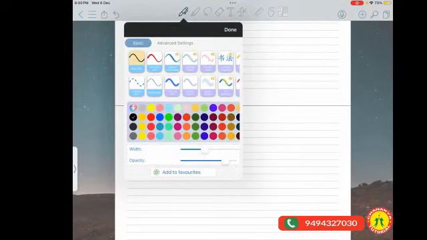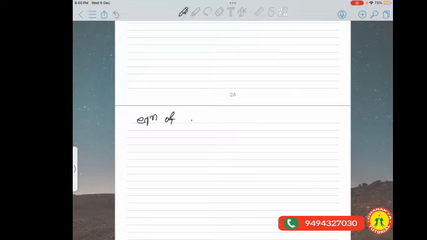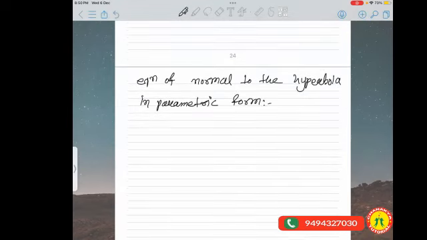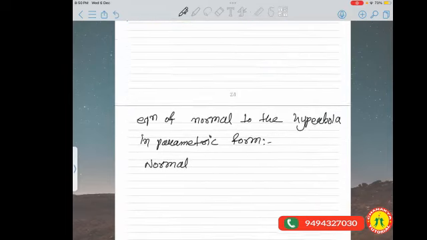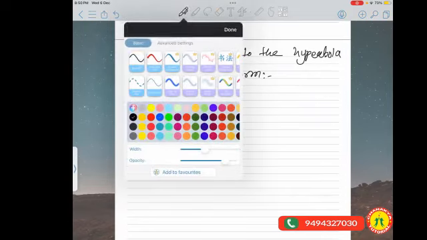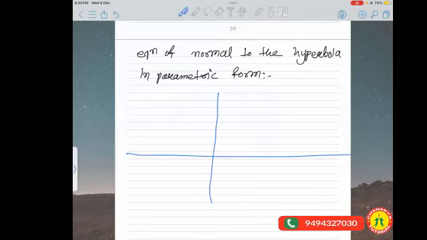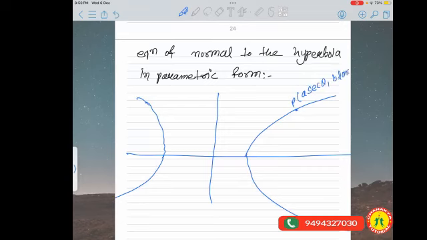How do we write the equation of normal in parametric form? What is the point? You remember the parametric equation of normal. What point do we take for the hyperbola? The point will be a sec theta, b tan theta. This is the point in parametric form for the hyperbola. So this is the tangent line, and this will be the normal line.